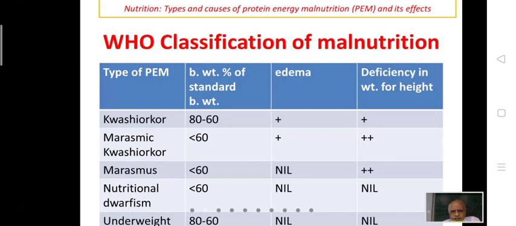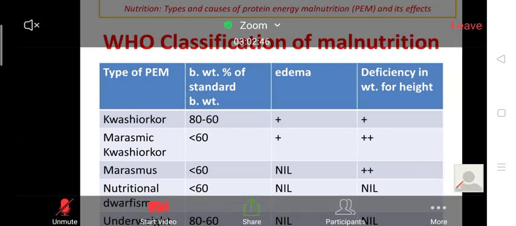Classification of malnutrition is done as per the WHO guidelines. According to WHO guidelines, body weight as a percent of the standard body weight is described for each type of malnourished disease. Kwashiorkor, for example: if the body weight of the child is 80 to 60% of the standard body weight, it can be a kwashiorkor child.